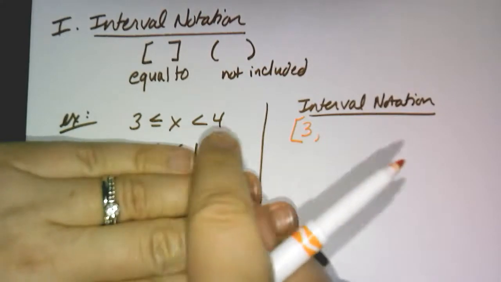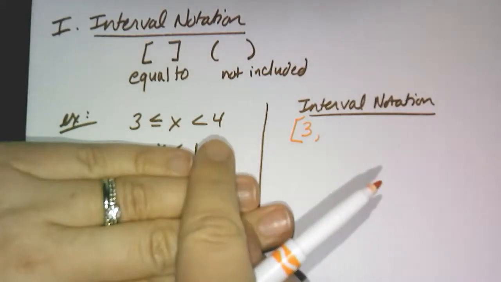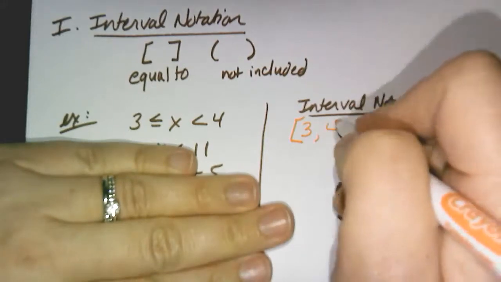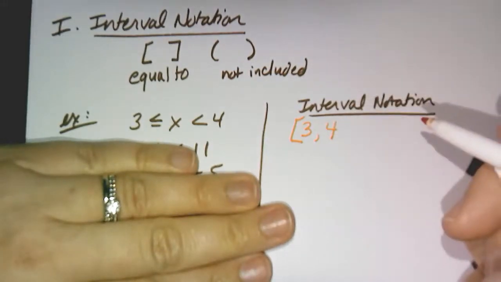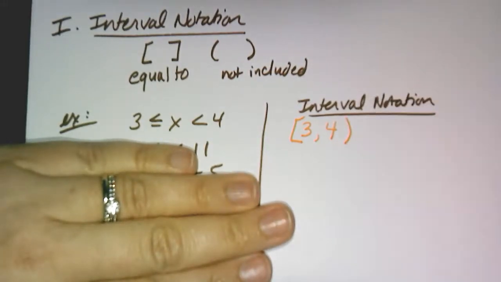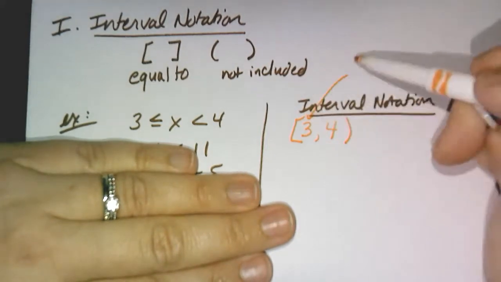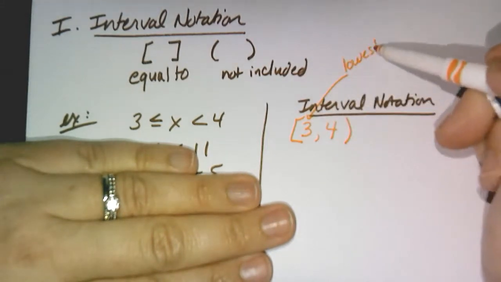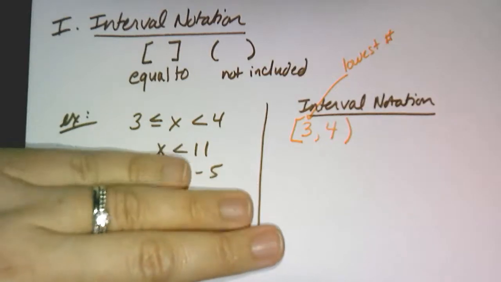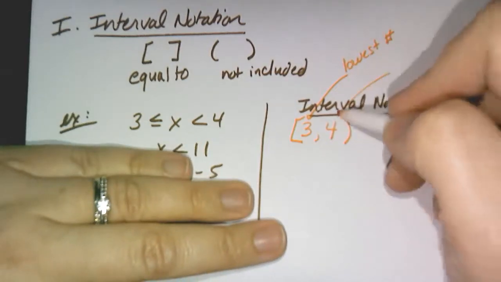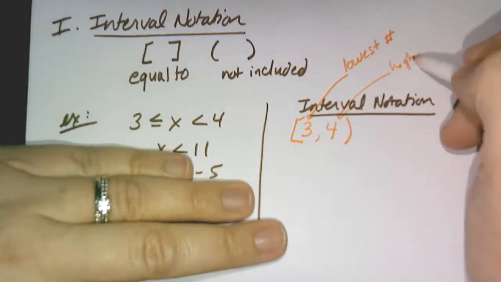Then what is the highest value that X could be? 4. Including it or not including it? There you go. The left side always has to be your lowest number in the interval.